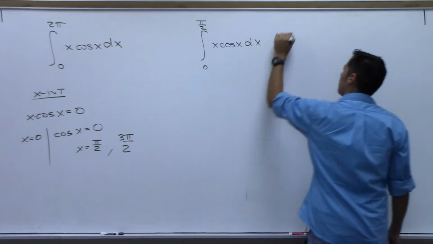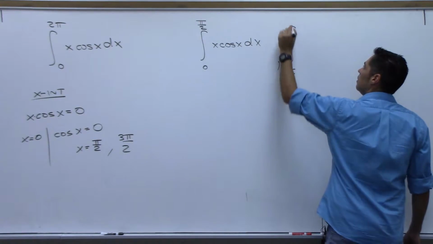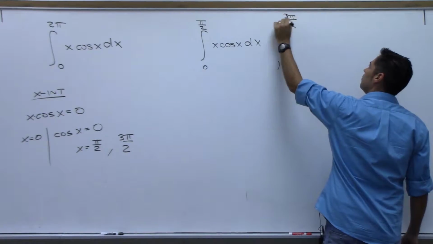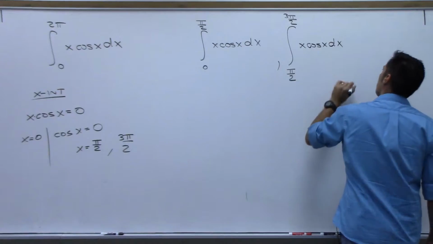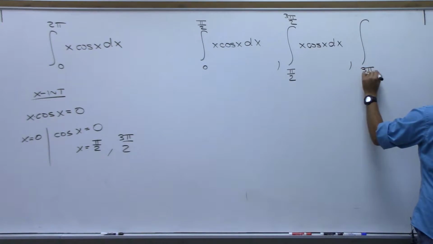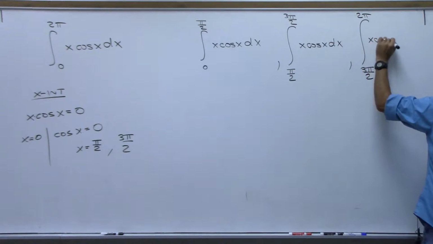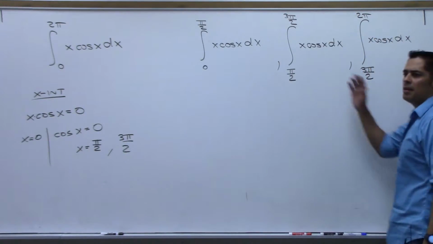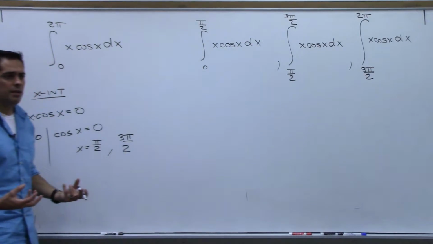Then another integral from pi over 2 to 3 pi over 2 of x cosine x dx. And then another from 3 pi over 2 to 2 pi of x cosine x dx. The good news is that we know the antiderivative of all these, so it's just a matter of plugging things in.